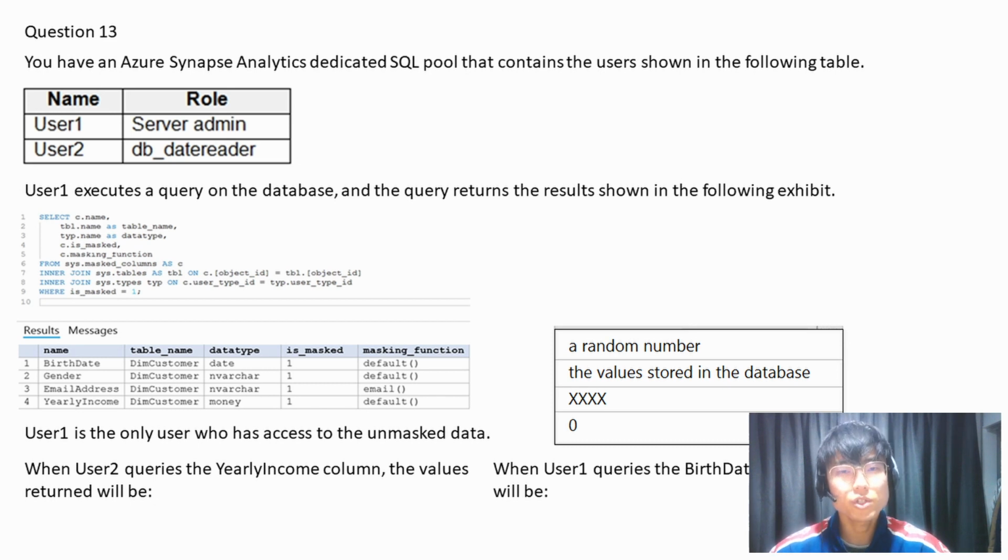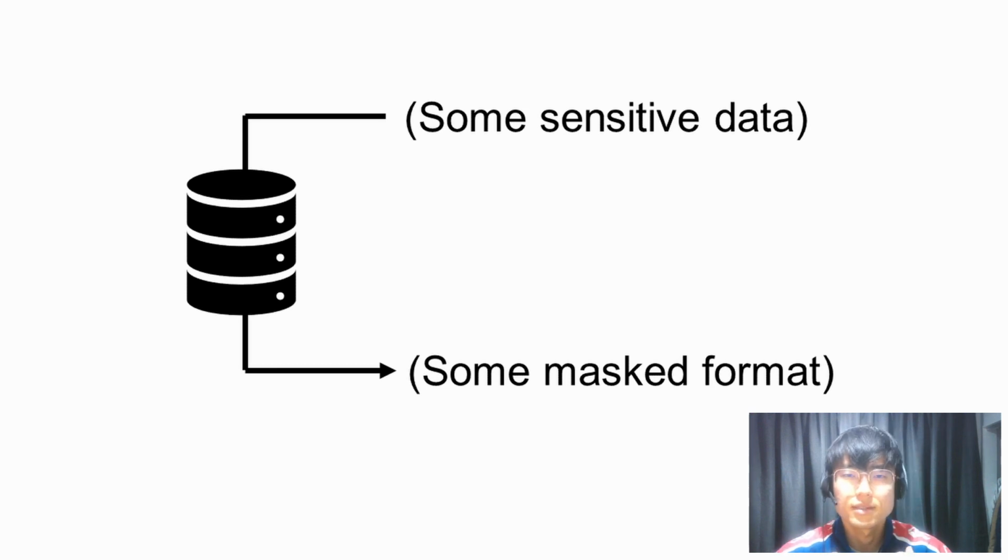This question is to do with dynamic data masking. Dynamic data masking limits sensitive data exposure to unprivileged users by masking it. An example would be if I was working in a bank as a cashier. I don't have access to all the privileges, and maybe a customer comes and I need to look up their information, and I look up their name.